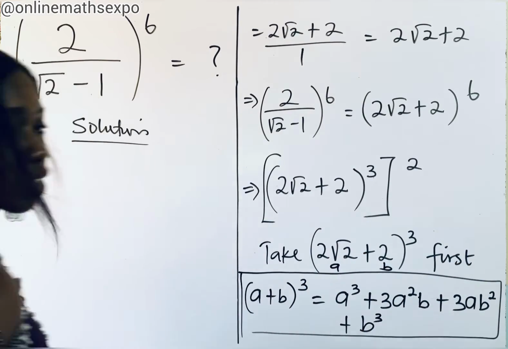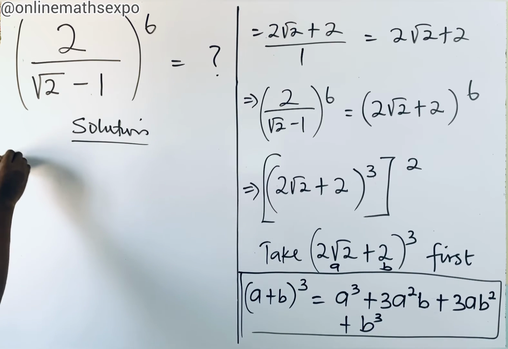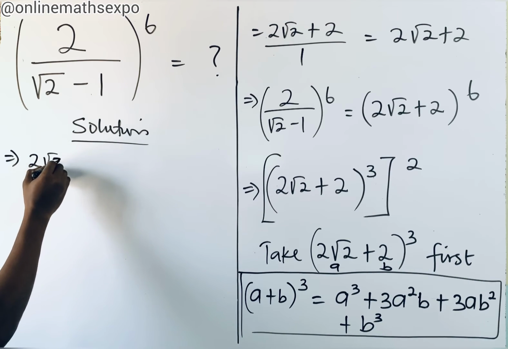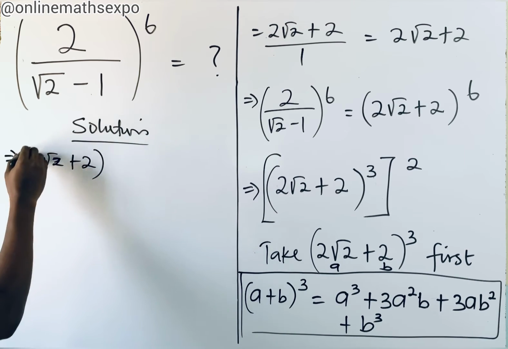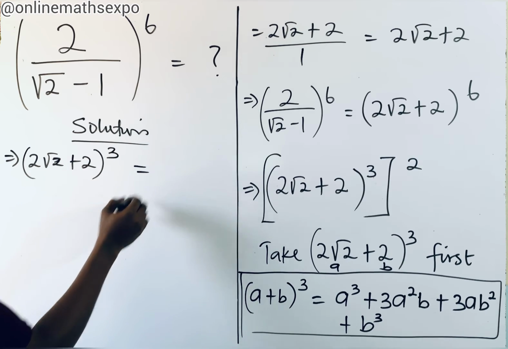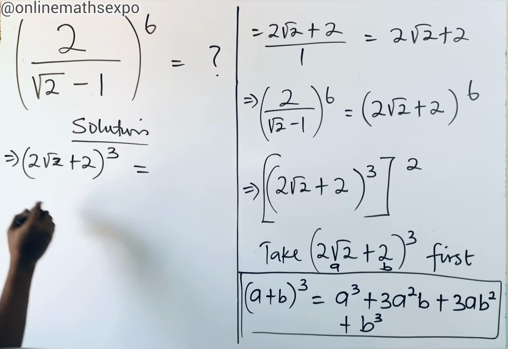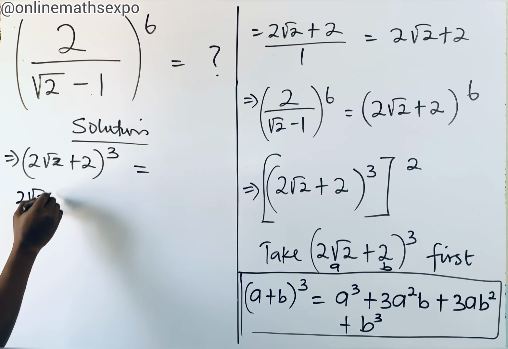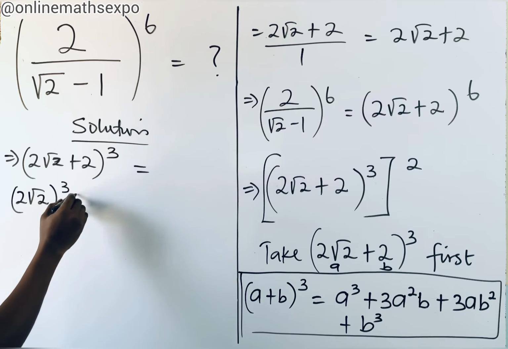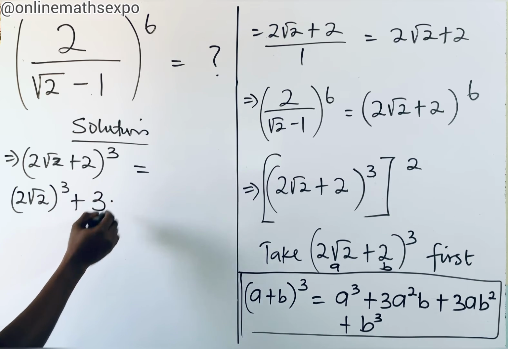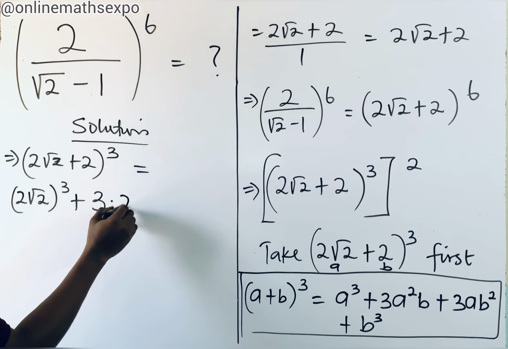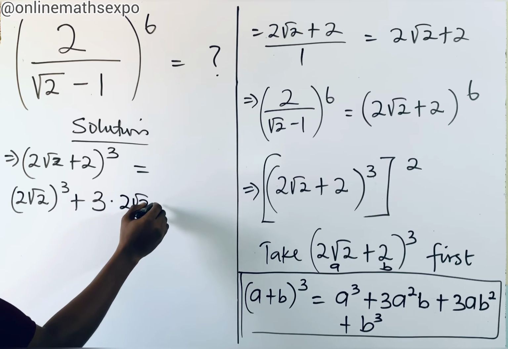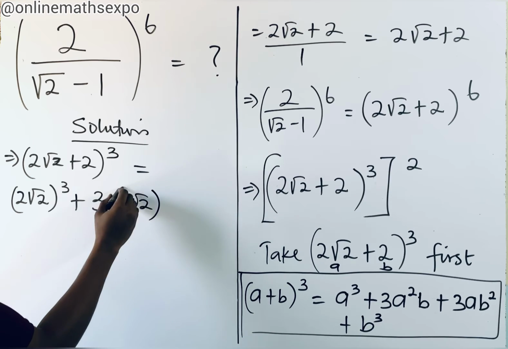So using this binomial, we are going to have 2 root 2 plus 2, all to the power of 3, which will be equal to 2 root 2 to the power of 3, plus 3 multiplied by our A, which is 2 root 2, raised to the power of 2, okay?